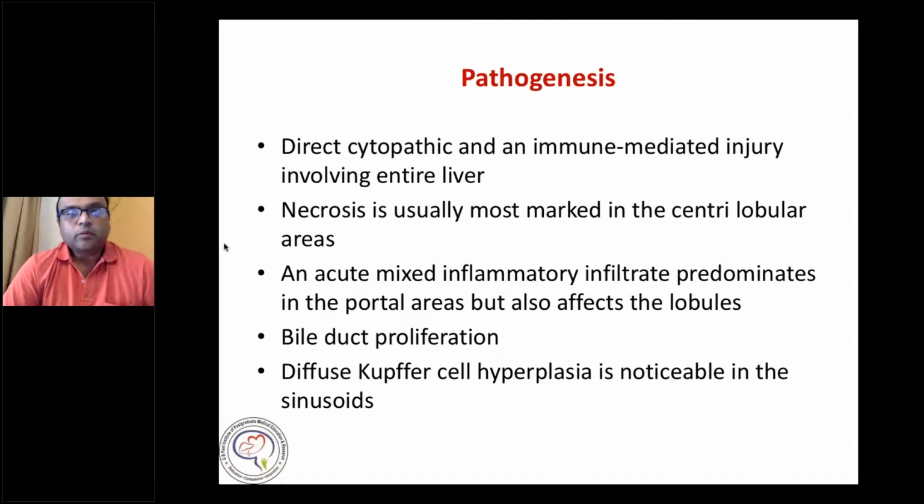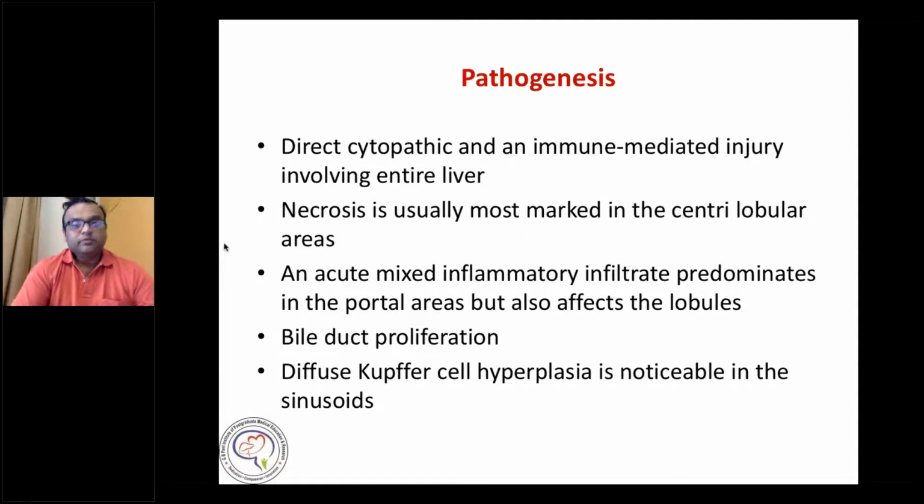The problem with the hepatotropic viruses is that they can have both cytopathic as well as immune mediated injury. Cytopathic means the virus directly injures the cell and causes damage to the cell. But most of the problem with viral hepatitis is that they cause immune mediated injury, which involves almost all of the liver, causing severe damage.